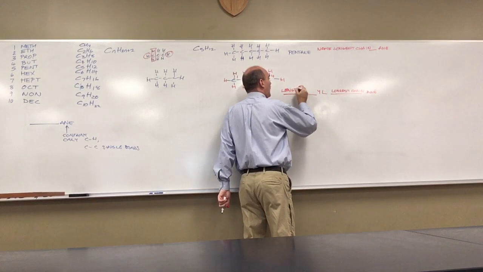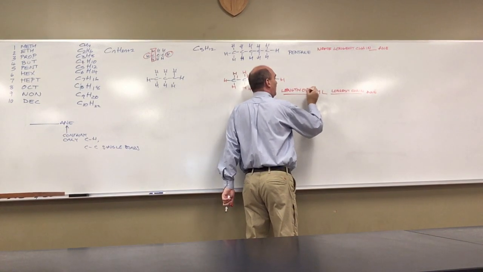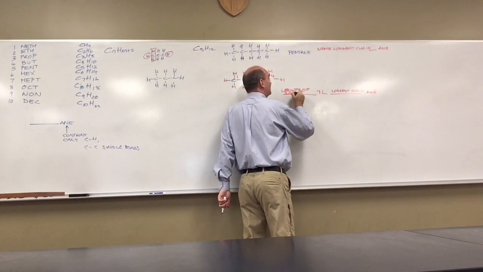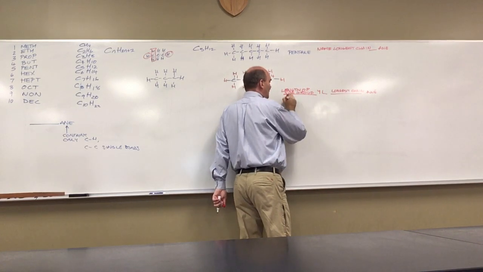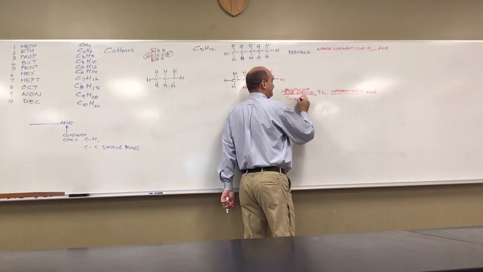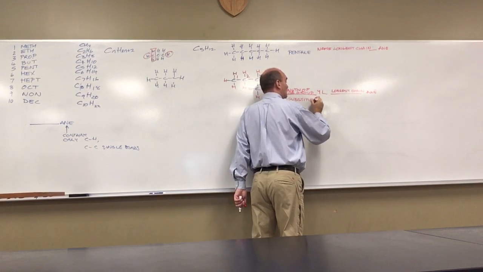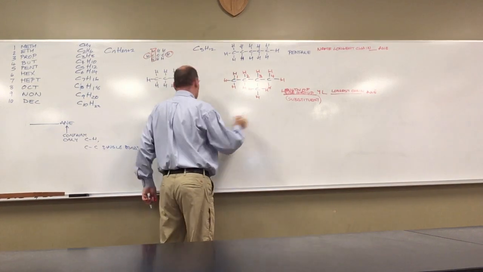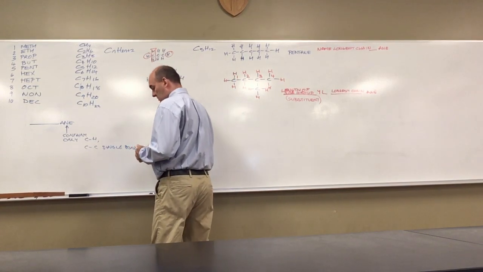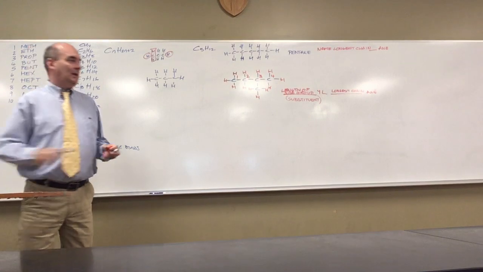We're going to name the length of what we're going to call the side group, also known as a substituent. And I have red and blue and black.